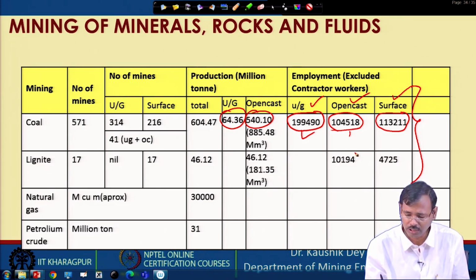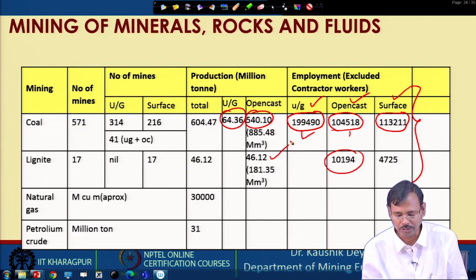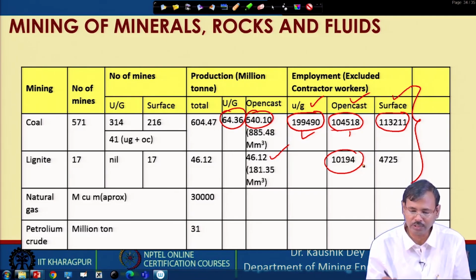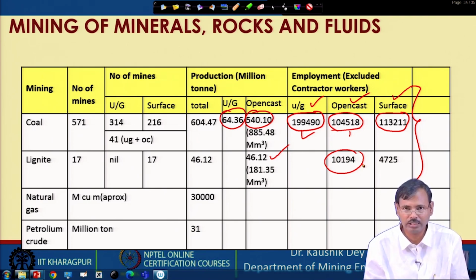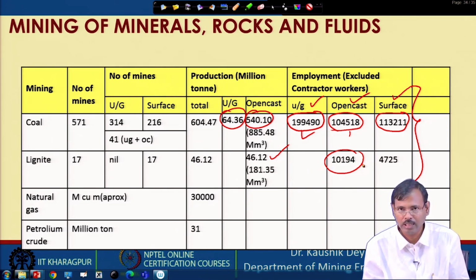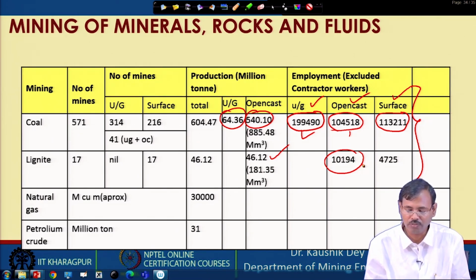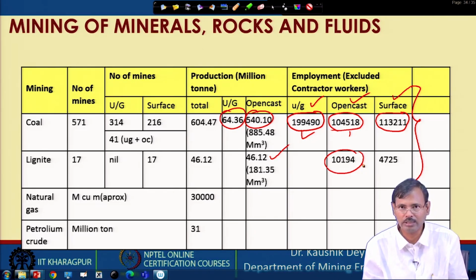In lignite, only 10,000 people are deployed, and that is giving 46 million tons of lignite. Surface mining technology is machine driven, with high mechanization, and that is why the production rate is much higher with little manpower deployment.